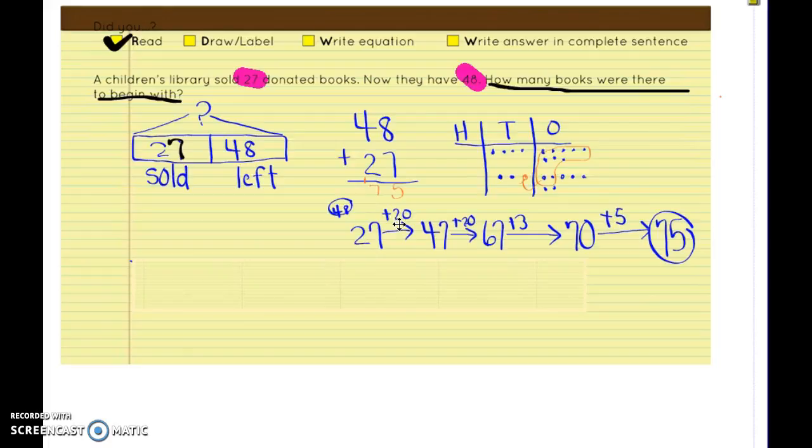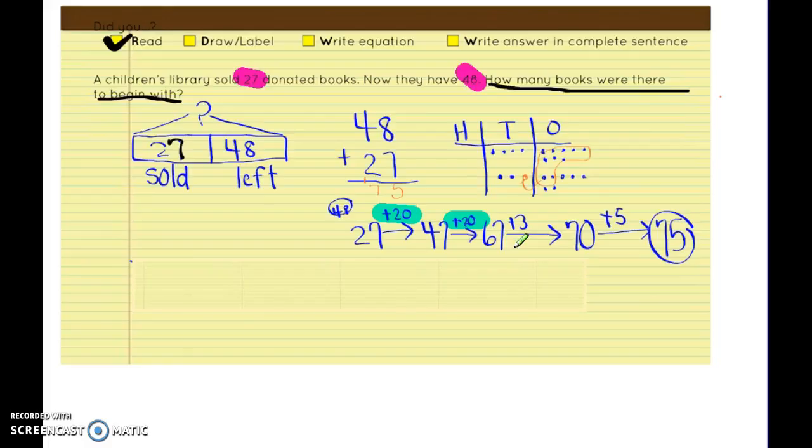So I know that in 48 there are 4 tens. So if I say 27 plus 20, that gives me 47. I know I need to add another 20 to give me 40, and then 47 plus 20 gives me 67.